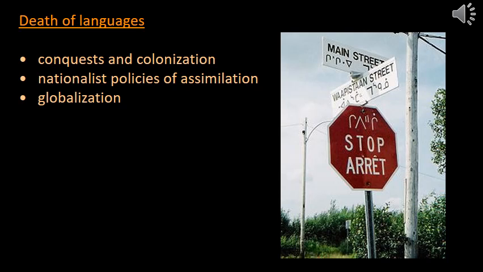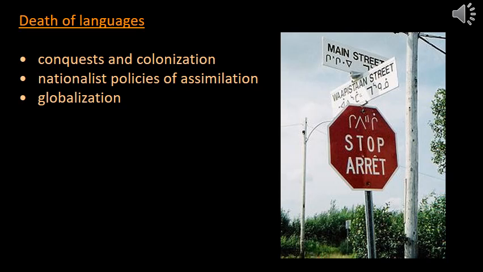Let's take the example of Canada, of North America. Before the European conquest here, about 700 languages were spoken by Aboriginal populations. Not 700 dialects, 700 languages. That's a lot of them. And we can expect 3 of them to survive the next decades.